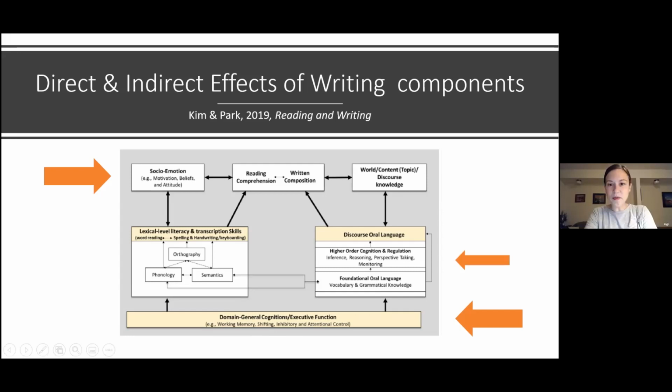Today, we're going to take a look at some other cognitive abilities. We're going to look at inference making, perspective taking, and monitoring, and how those act as mediators for oral language, or vocabulary and syntax, to then translate into how students, we as adults, create in composition.